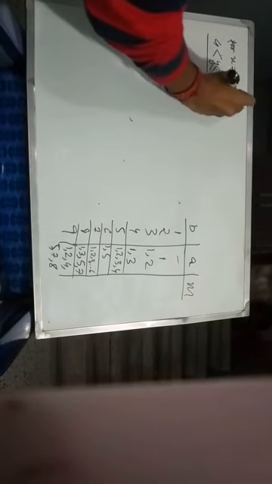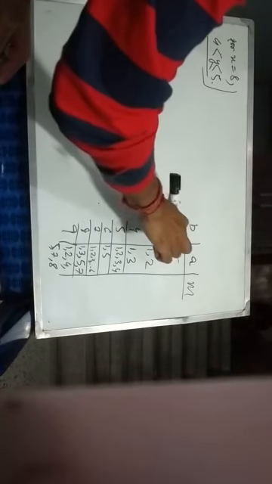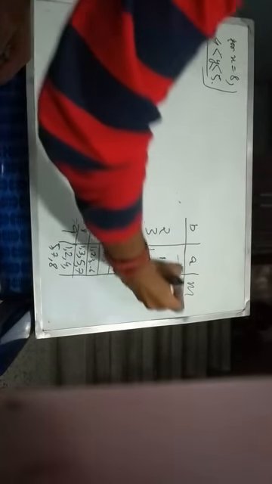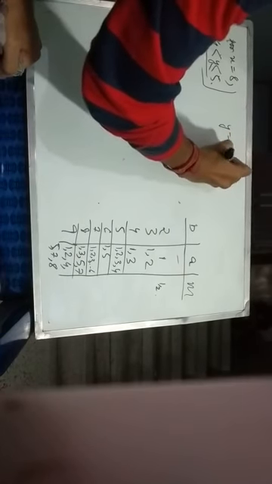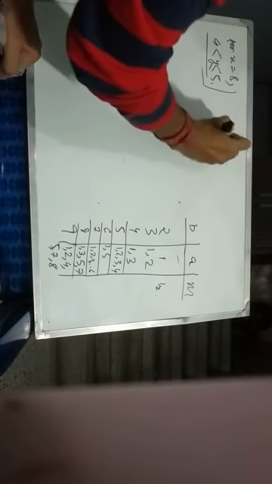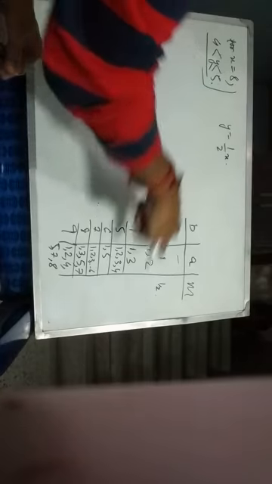Now I'll do it for various cases. For example, for b equals 2, I'll start straight away. m is equal to half. So y equals half into x. As you can see, I formed the equation y equals mx.